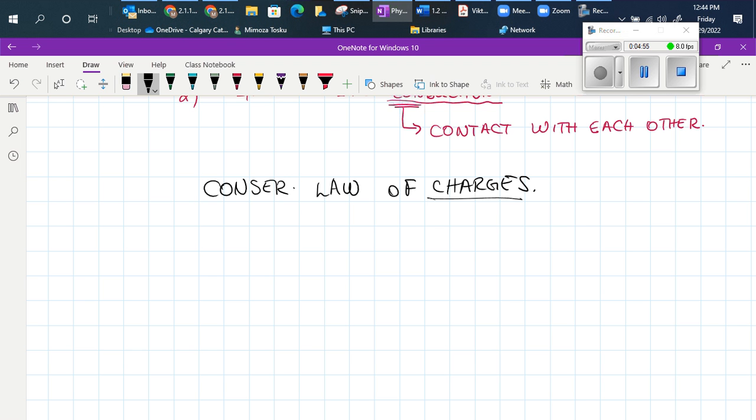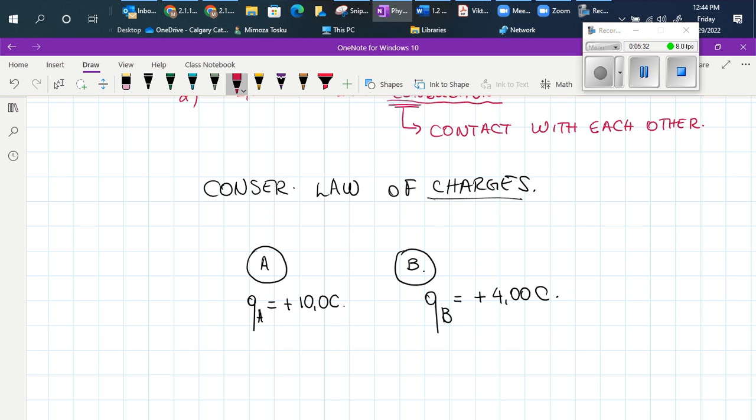So if we have two identical spheres, sphere A and sphere B, initially sphere A has a charge of, let's say, positive 10 coulombs. The unit for charge is coulombs. And let's suppose that sphere B is also positively charged, with 4 coulombs.